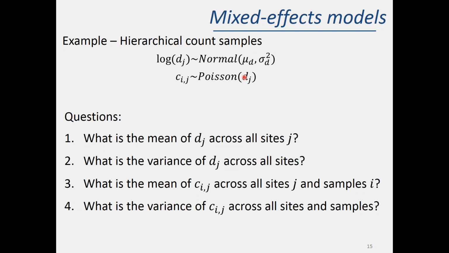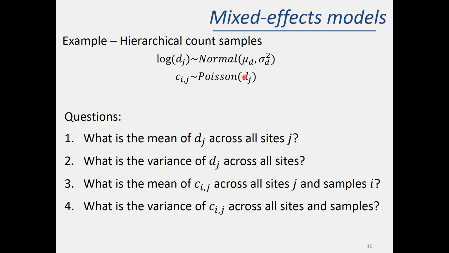But the point is that the variance of each count is equal to the variance among sites plus the variance within sites. So it's just that transformed mu d plus the log normal variance. Exactly.